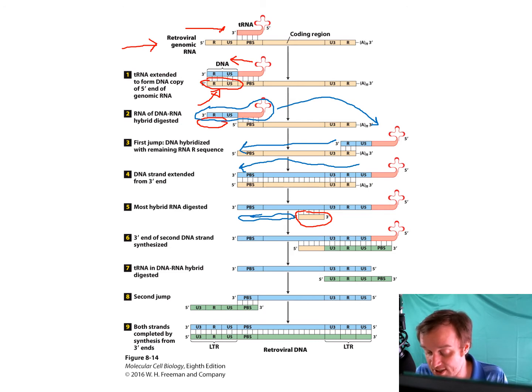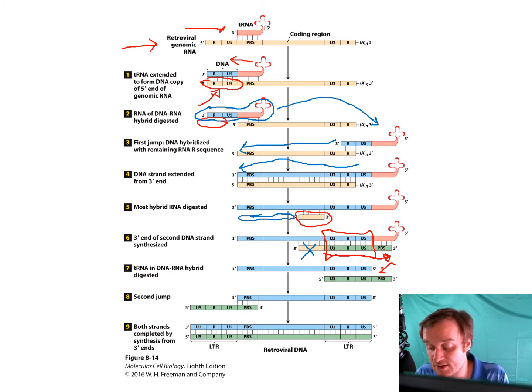So now we are synthesizing this, reading our DNA strand to create double-stranded DNA in just this little section right here currently. From there, the rest of this mRNA is degraded, and we have double-stranded DNA on the 5' end of this blue template here. And then we have our second jump.